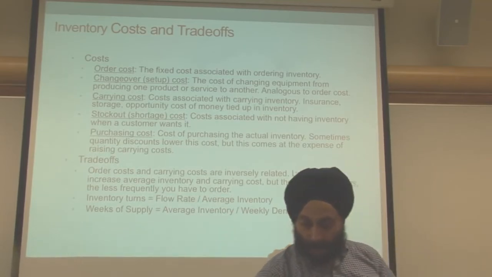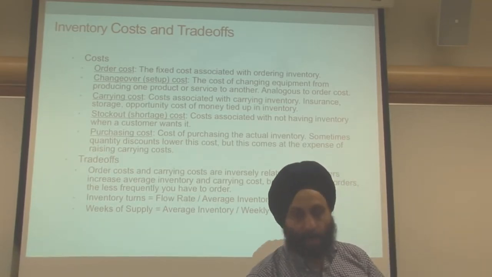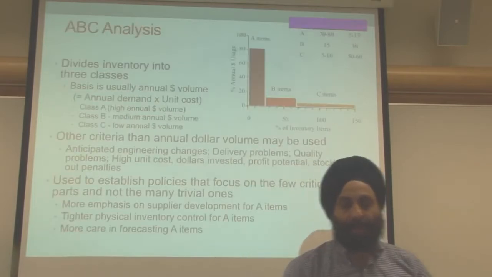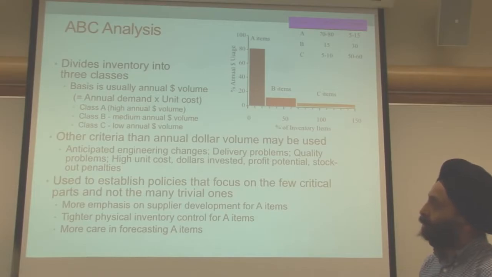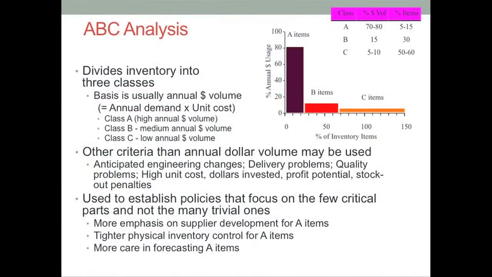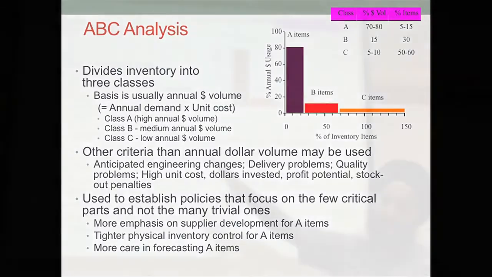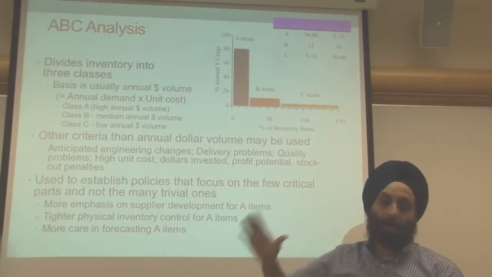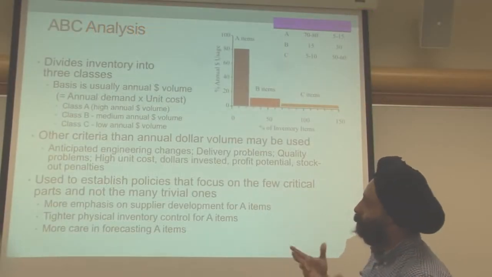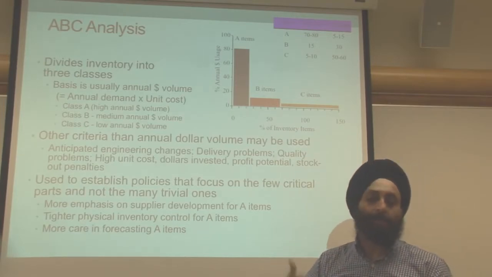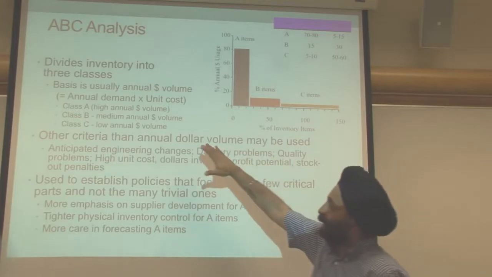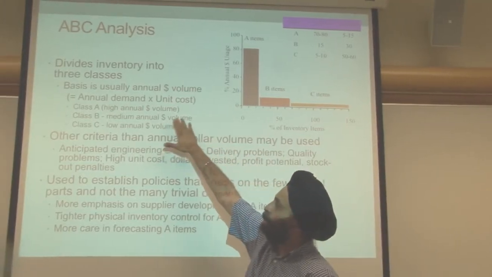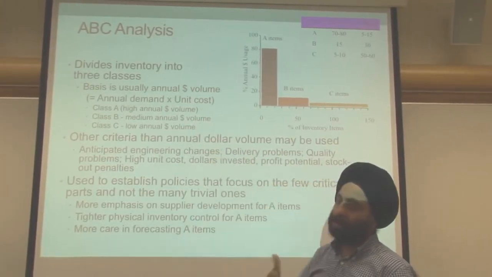Now let's look at an important tool known as ABC analysis for inventory management. This is a tool which allows you to categorize all the inventory that a company keeps into three categories: A items, B items, and C items. Class A items are high annual dollar volume items, the more expensive portion.